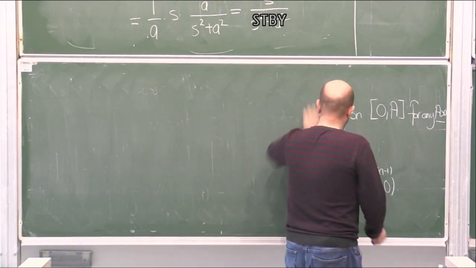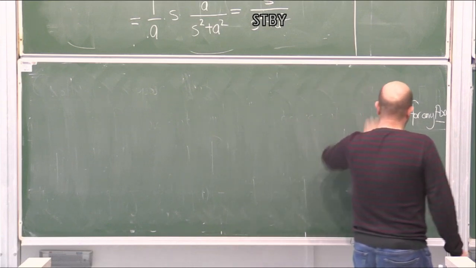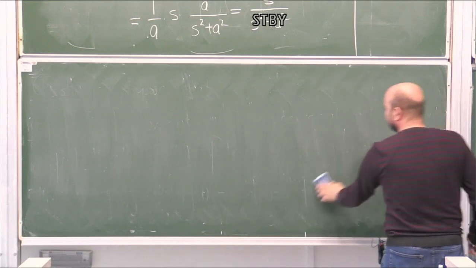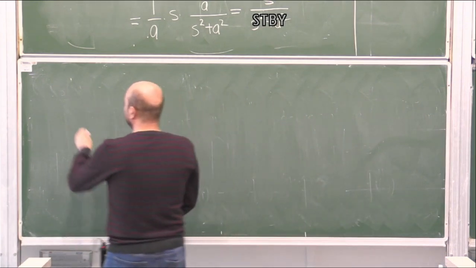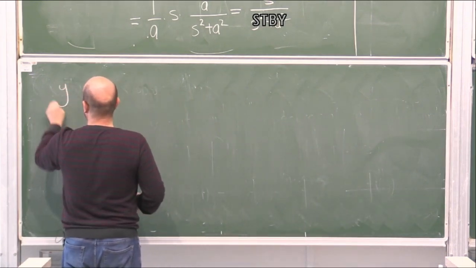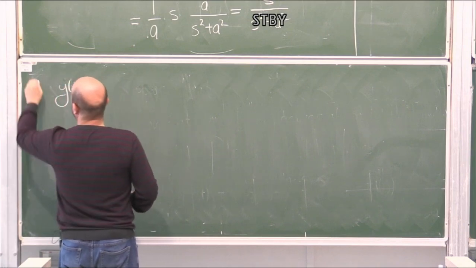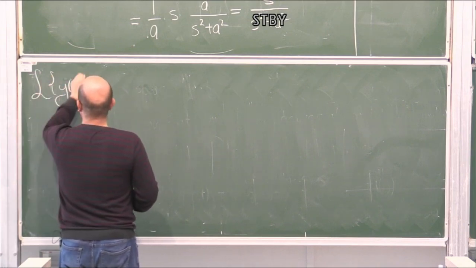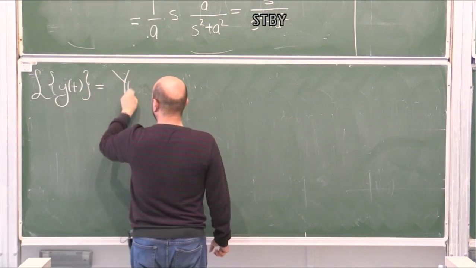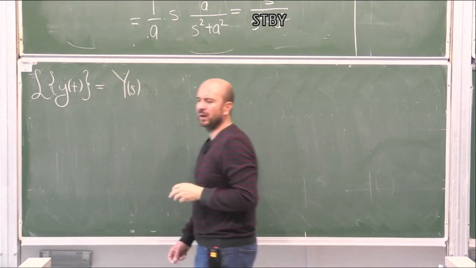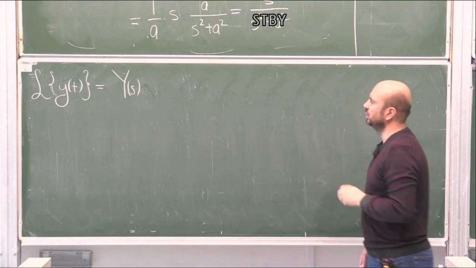In our examples we are using y prime, y double prime for the derivative. So for y of t, the Laplace transform, I will write y of s. This is my notation.